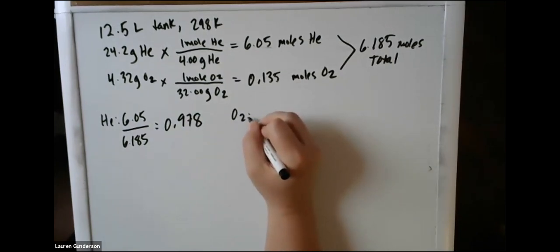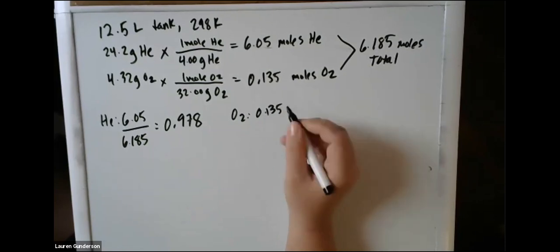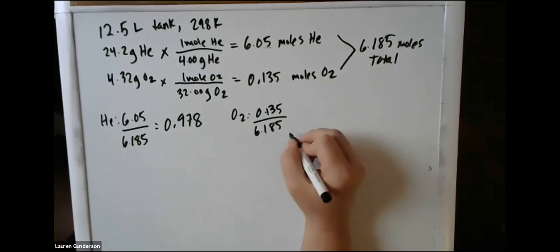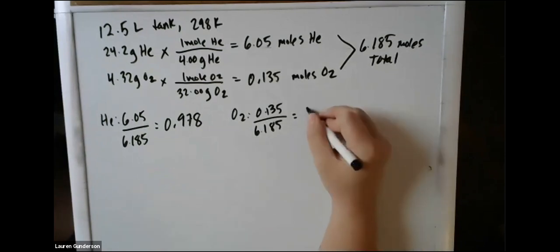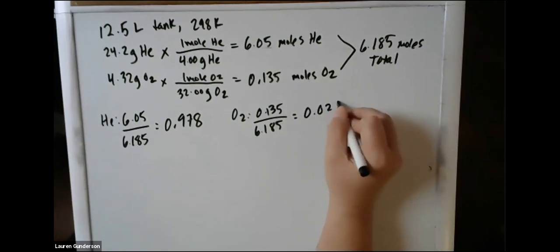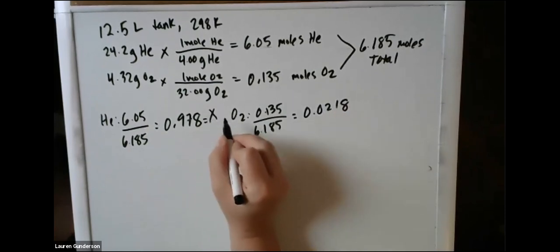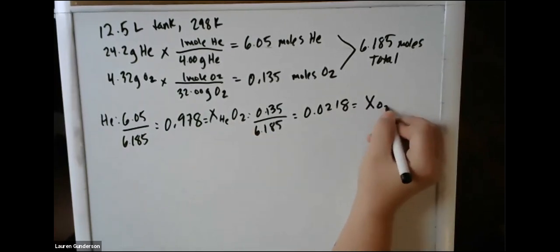And for O2, it's 0.135 divided by 6.185. Okay, so this is our mole fraction for helium. This is our mole fraction for oxygen.